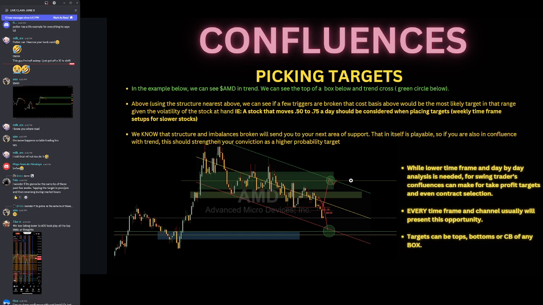Probably an $80 contract or some contract that's gravitating around that. Every time frame and channel will usually provide this opportunity.